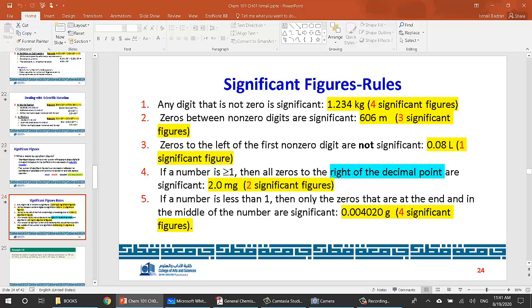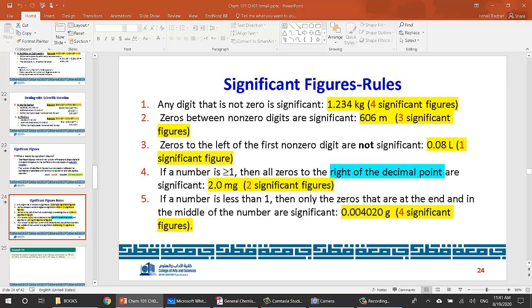Zeros between non-zero digits are significant. If a zero comes between two numbers, an example of 606, so that 0 between the two sixes is significant, and therefore this number 606 has 3 significant figures. Zeros to the left, they don't count. Remember this.